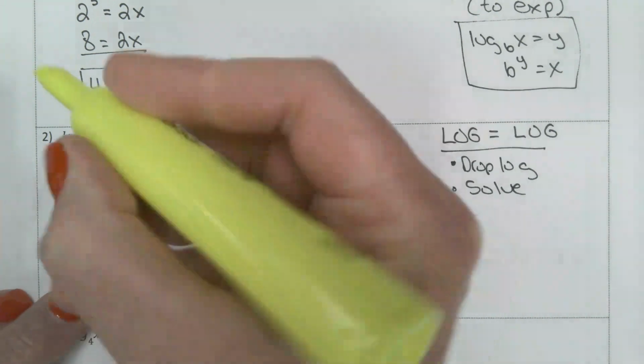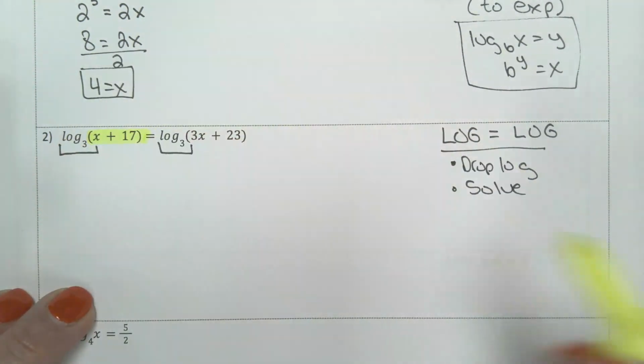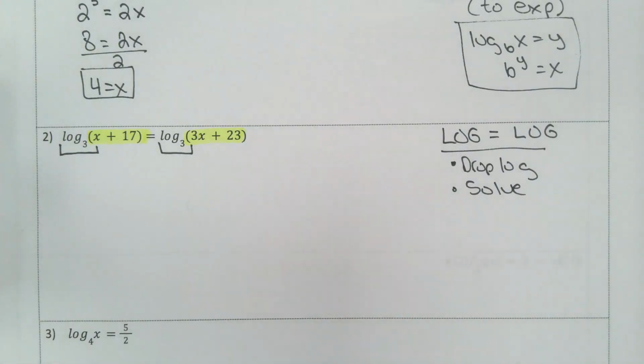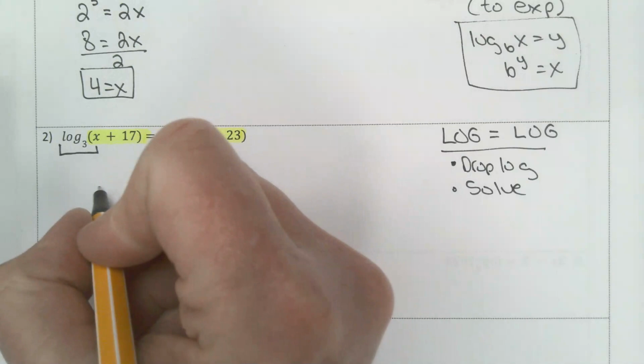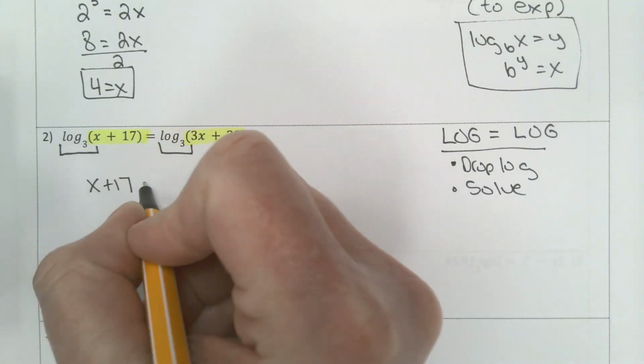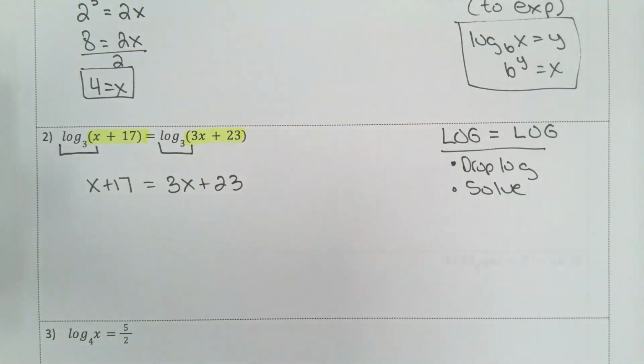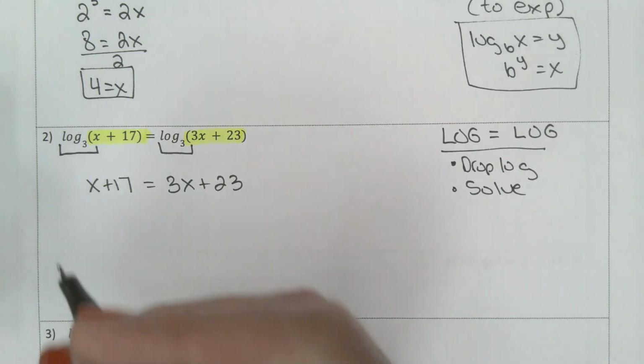So the stuff in parentheses, the x plus 17 and the 3x plus 23, those are the two components I'm going to set equal to each other. x plus 17 equals 3x plus 23. Do some algebra and solve the equation.